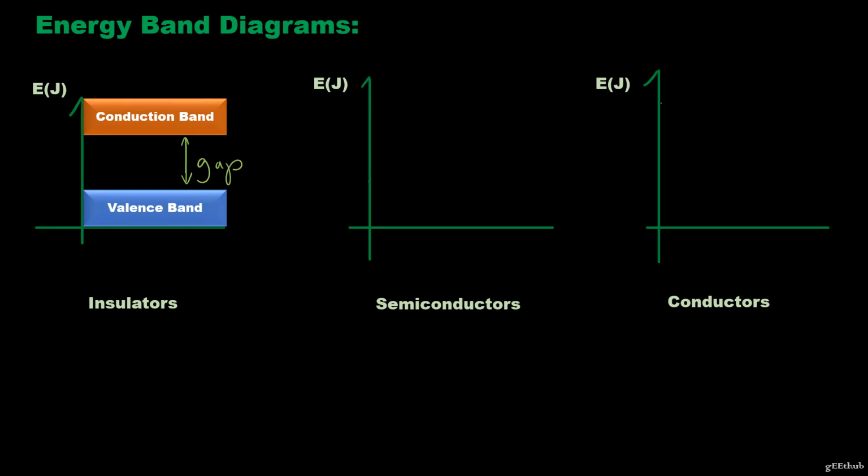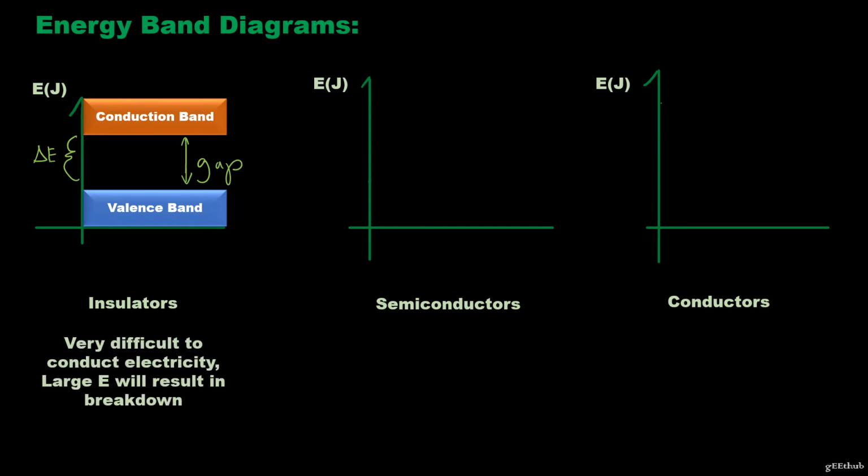So notice the vertical axis is energy. So this says that this gap is a large energy difference between these two bands. So with insulators, it is very difficult to conduct electricity. I will need to provide a very large amount of energy to the valence band electrons to knock them to the conduction band and have the localized electrons free to move. And large energy might damage the equipment.